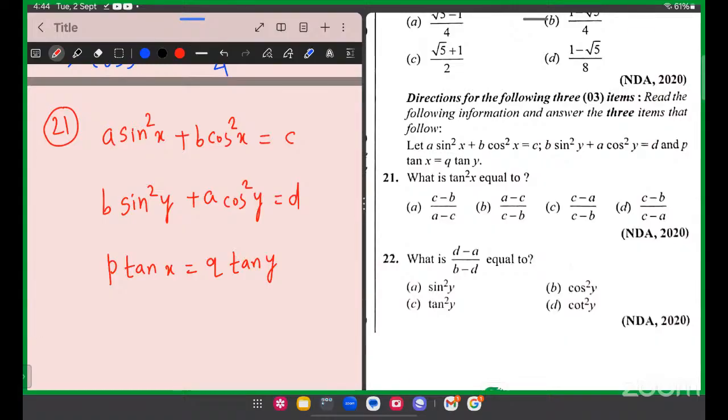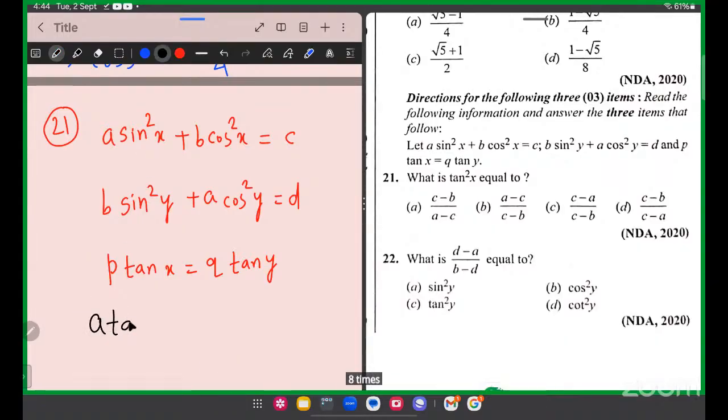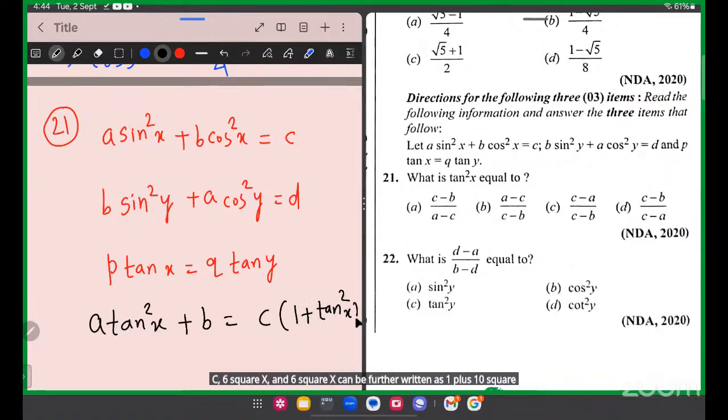So for tan square x, what we can do, the first equation can be divided by cos square x. So we'll be getting a tan square x plus b is equal to c sec square x, and sec square x can be further written as 1 plus tan square x. Very easy, right?